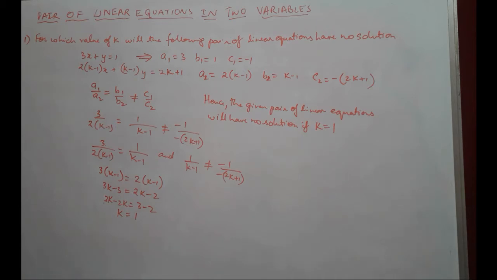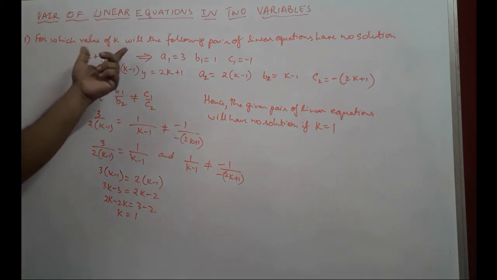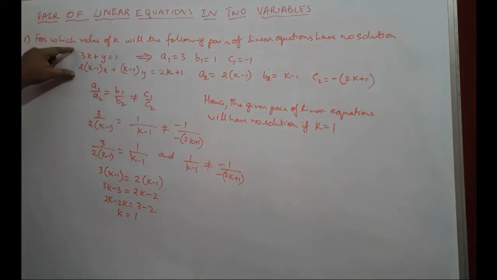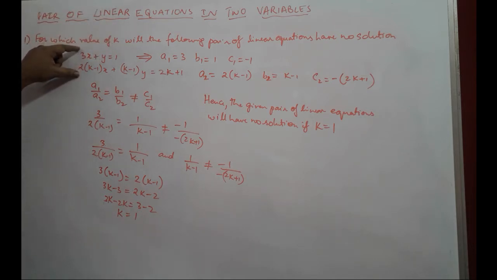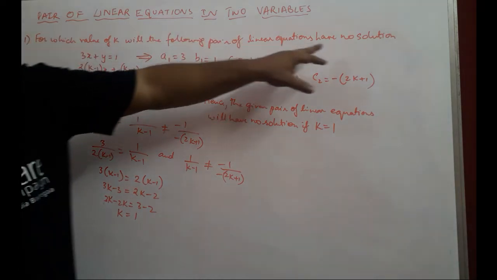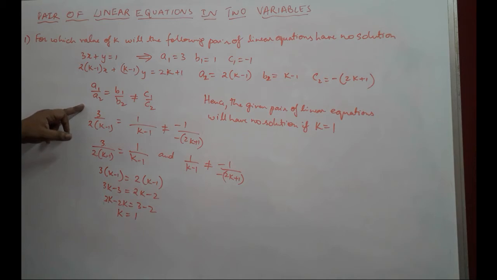Got it? So what we did over here is we were told to find the value of k when the given pair of linear equations, which is this, has no solution. So we needed to find the value of k for which this particular pair of linear equation has no solution. To do that, we put the condition of no solution, which was this.